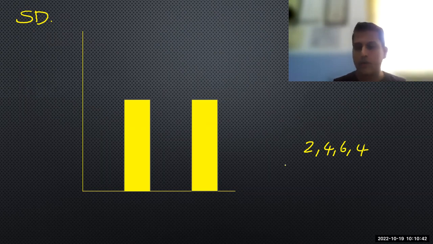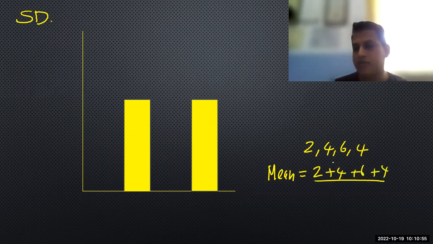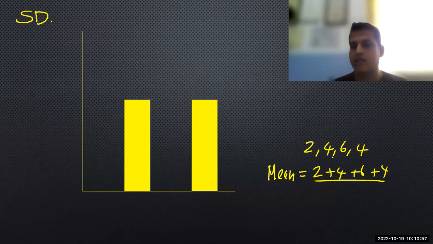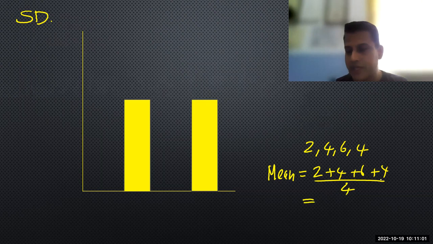Now I am going to calculate the mean value. How do I calculate the mean value? Sum of all the data, that is 2, 4, 6, 4, divided by the number of data. Here the number of data is 4. The sum of the data is 16, divided by 4, the mean value is 4.